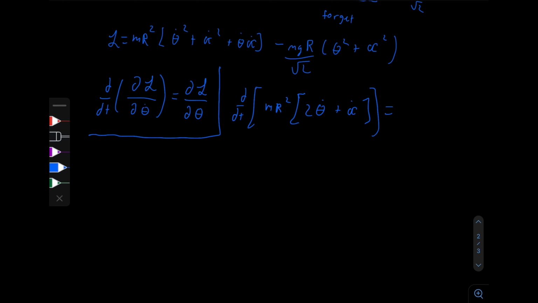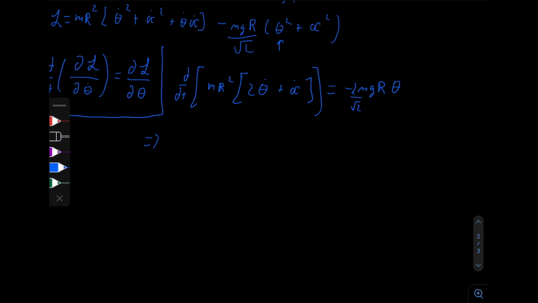let's look for anything theta related. So that's it. So we're going to have minus mgr over 2 root 2 times theta. We'll take the time derivative, so we'll have mr squared 2 theta double dot plus alpha double dot.